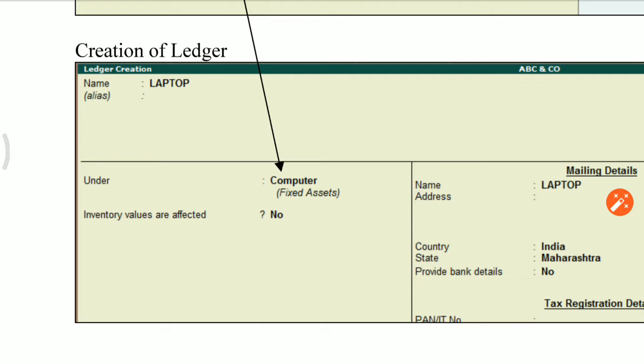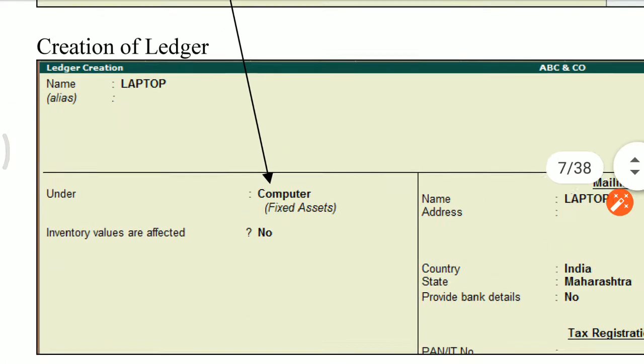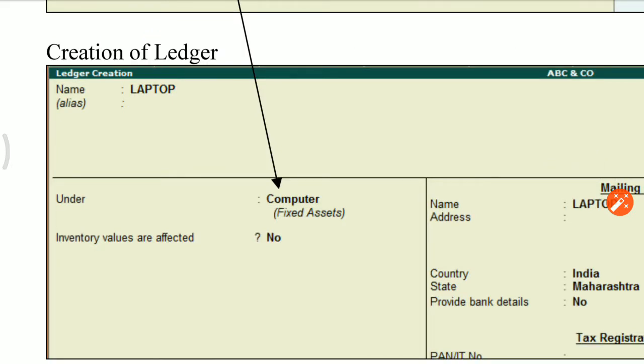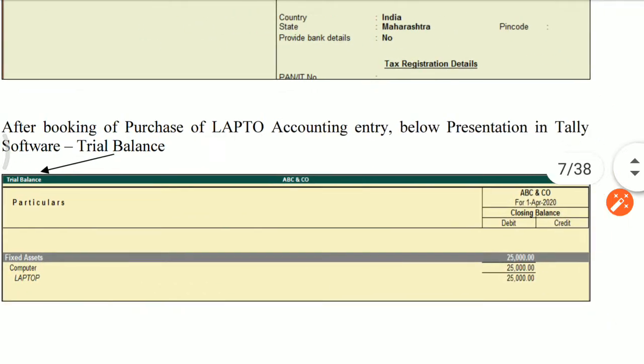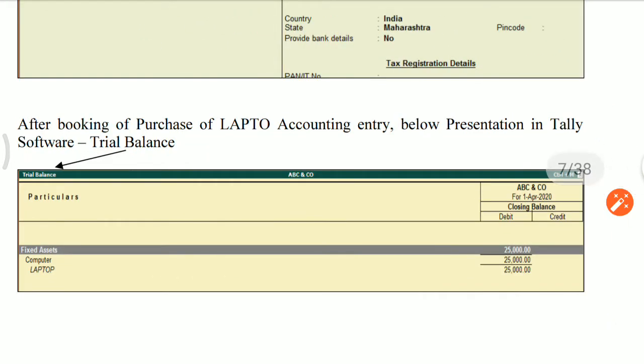I have created ledger laptop and I have selected group computer. Below computer, if you just watch on the screen, the main group appears, that is fixed asset. Okay, I have saved one hypothetical entry in laptop ledger.